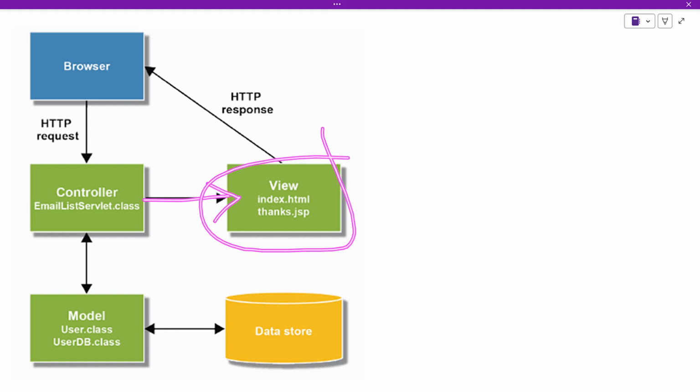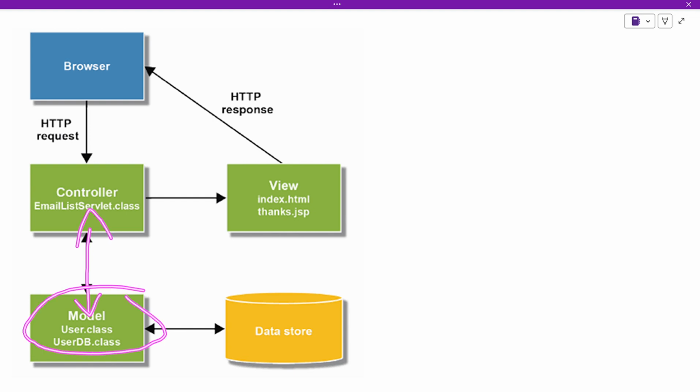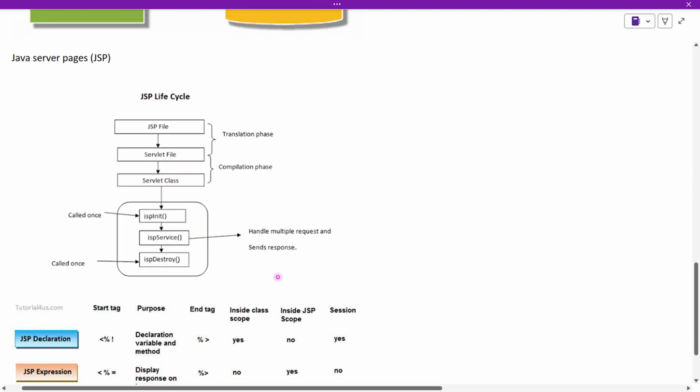Even before that, it is going to see if it requires anything from the model. It is going to call the model, and it is going to send the data onto the view, and the view is actually concerned with presenting the data. So it is going to present all this in terms of an HTML page or a JSP page, and it is going to send the response to the browser.